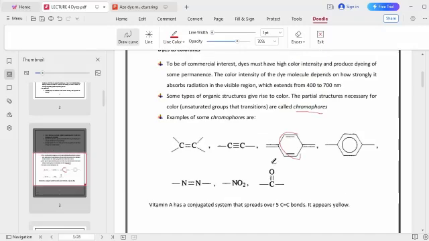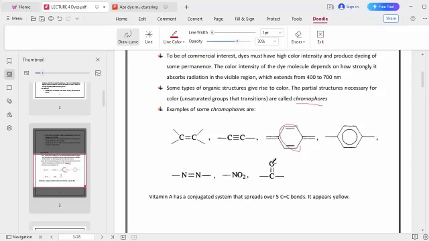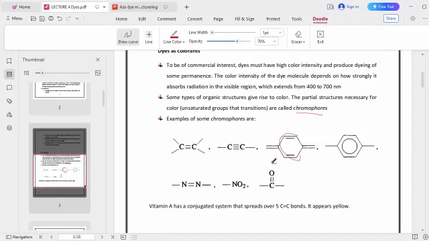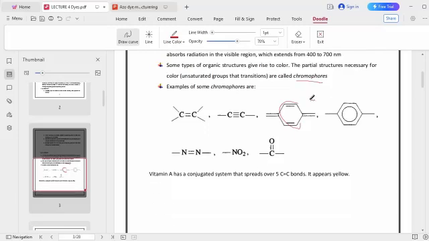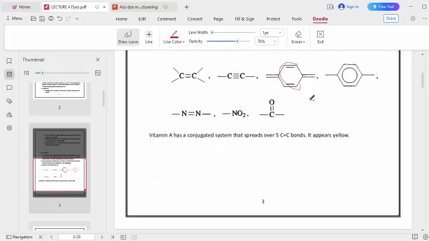So it is these chromophores that have light absorbing capabilities, and these groups are called chromophores. They are able to absorb radiation from the light in the visible region from 400 to 700 nanometers.